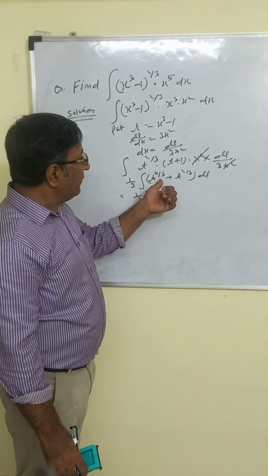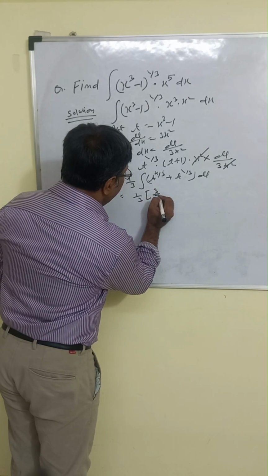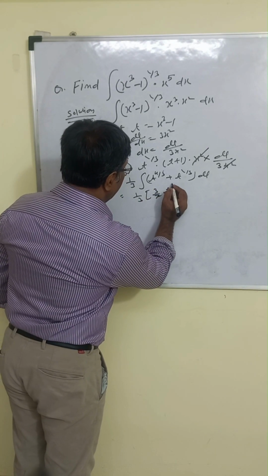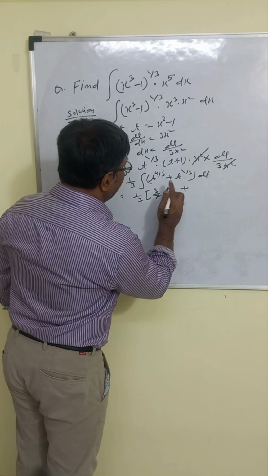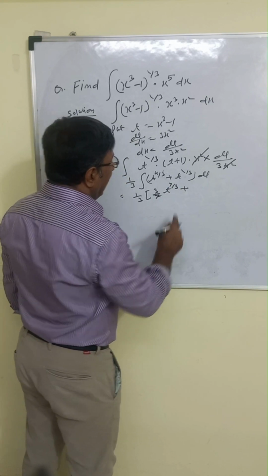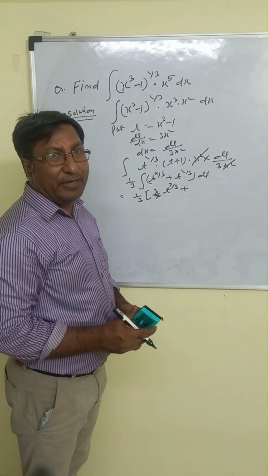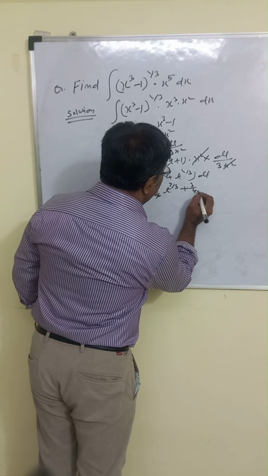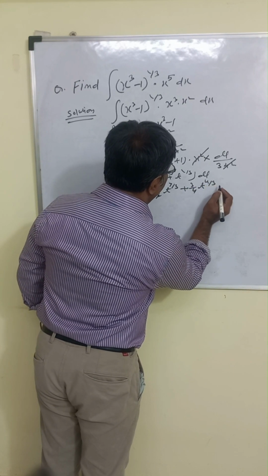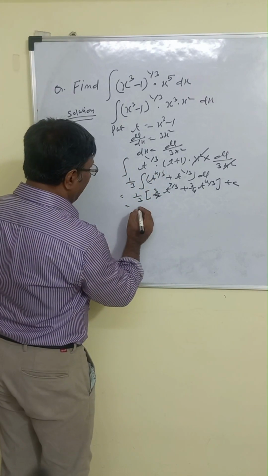So 4 by 3 plus 1 is 7 by 3. So we will write 3 by 7 and t to the power 7 by 3. Again for t power 1 by 3, 1 by 3 plus 1 is 4 by 3. So it will be 3 by 4 t to the power 4 by 3, plus c.